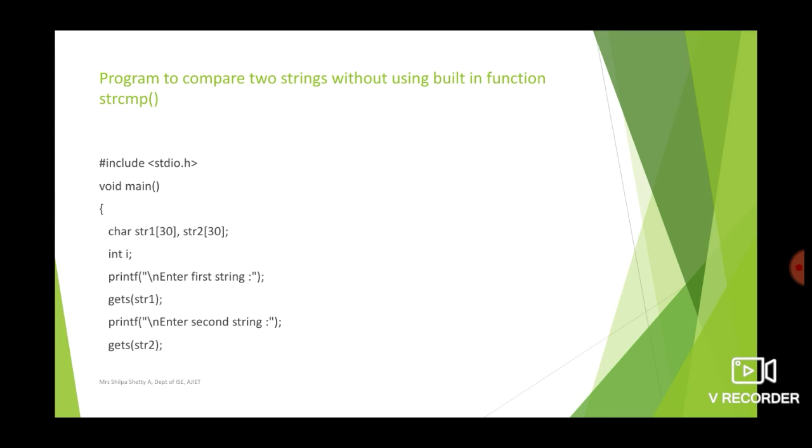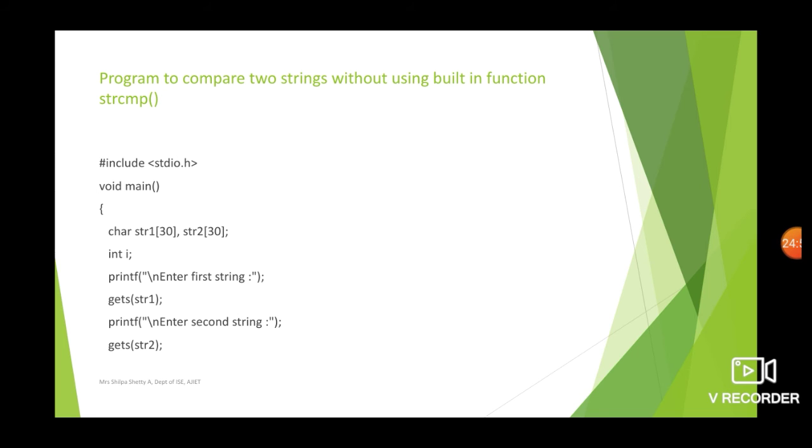Once we find that the characters are not matching, we stop our for loop, and then we see the characters at that first mismatched position, compare their ASCII values, and then tell whether the strings are equal or greater or lesser.